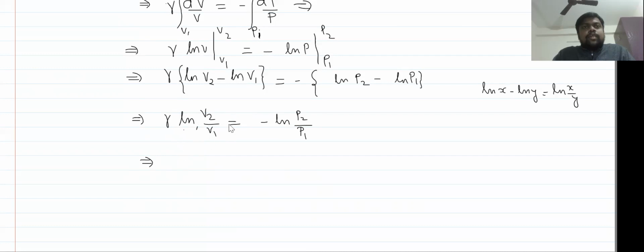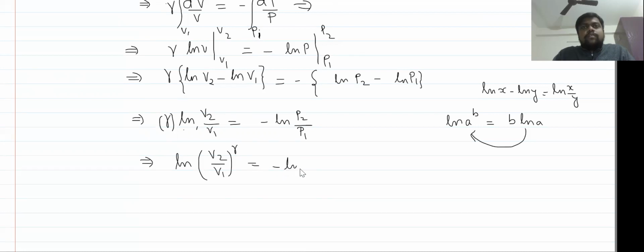Now using the property of log, that means ln a to the power b is equal to b ln a, that means b ln a can be written as ln a to the power b. So this gamma we can write in terms of power also. That means ln of V2 by V1 to the power gamma will be equal to minus of ln P2 by P1.